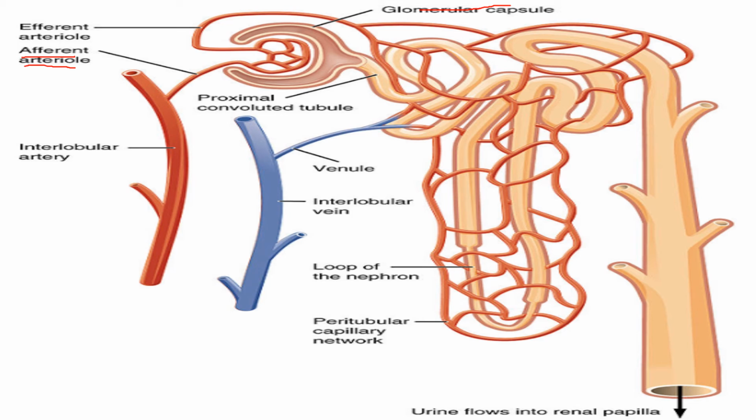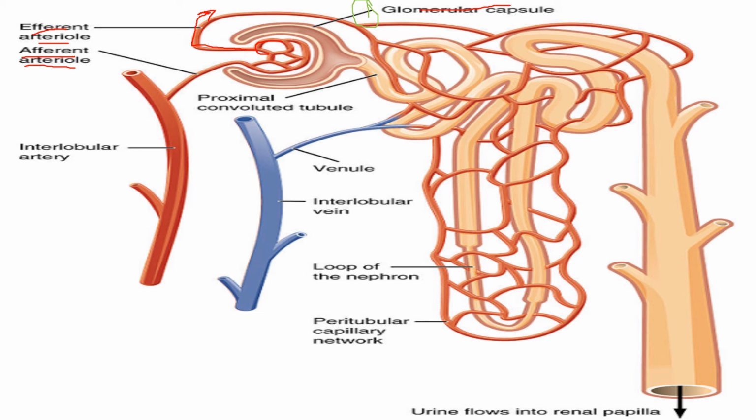And then you can see that the glomerular capillary is leaving the Bowman's capsule, and that arteriole is called efferent arteriole because here the capillary is leaving that portion. So the first capillary network is the glomerular capillaries or glomerular apparatus.